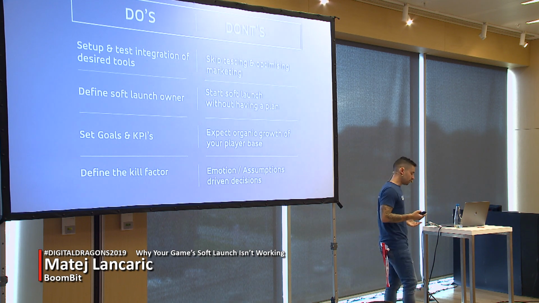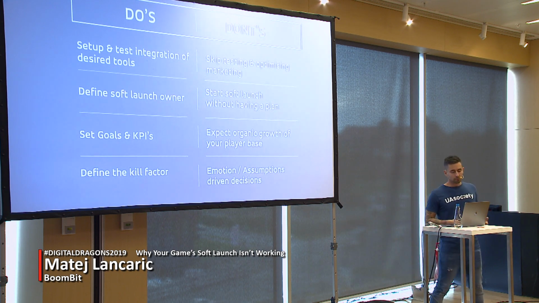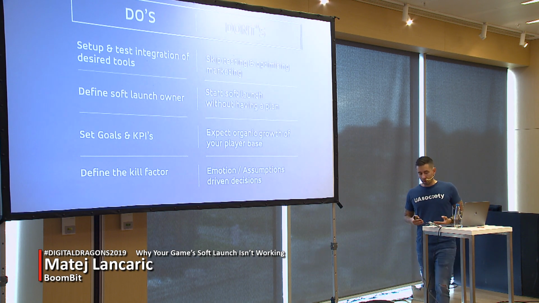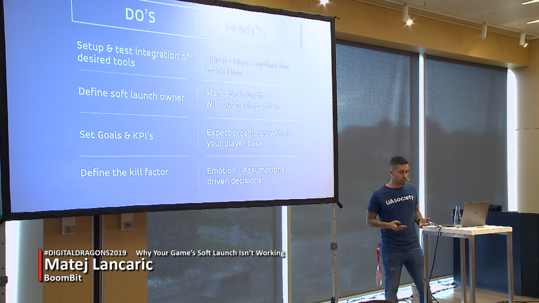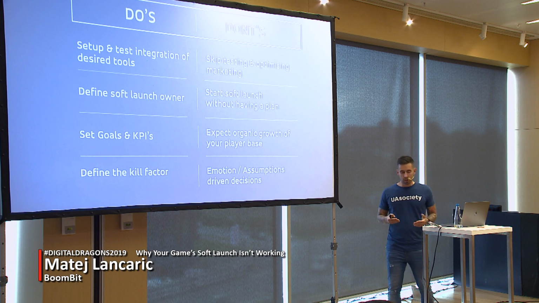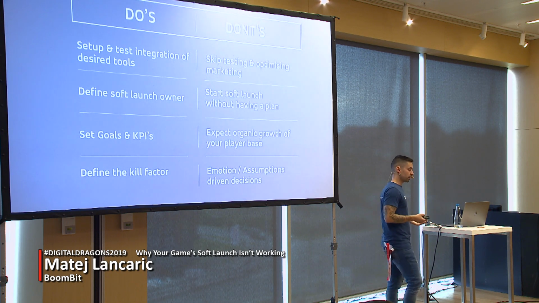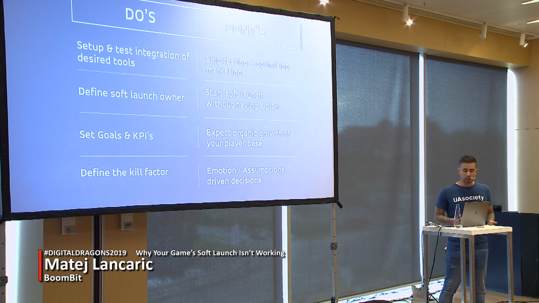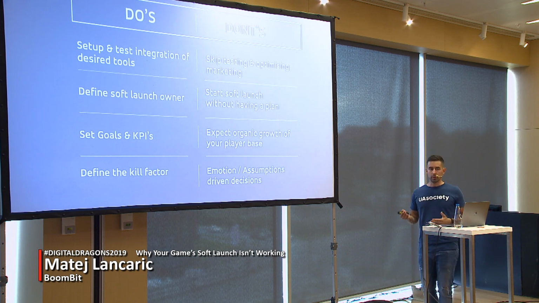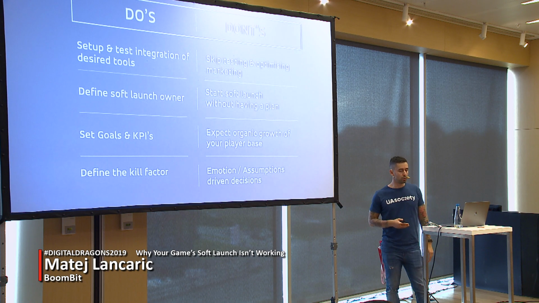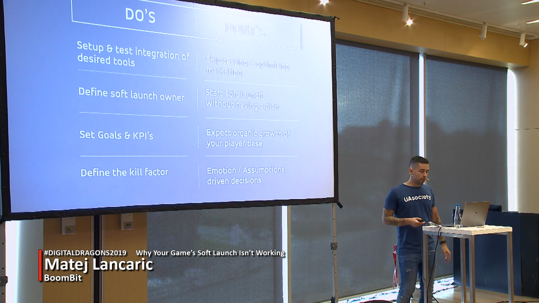You should set the goals and KPIs, because you want to be sure that everybody is on the same page and looking at the KPIs in the same way. And you should also define the kill factor, right? So if the LTV is not bigger than the CPIs at the end or in the middle of soft launch and the KPIs are not improving, then that's it for the game.